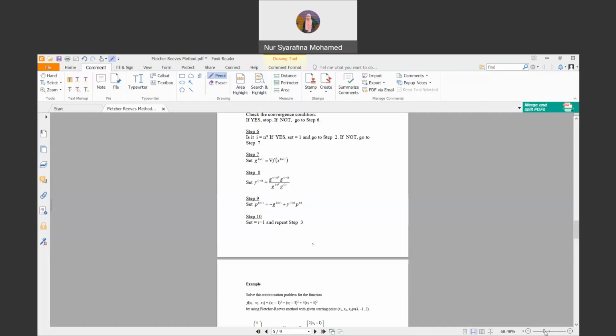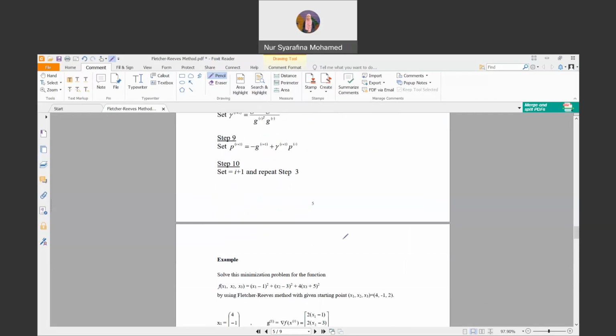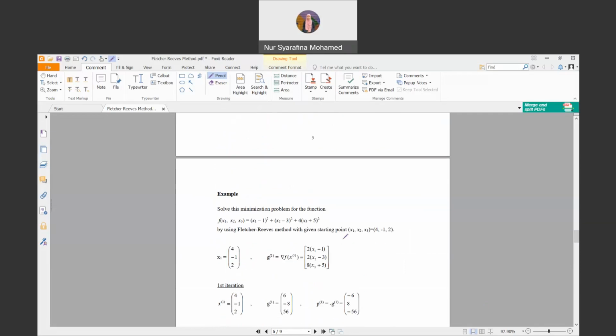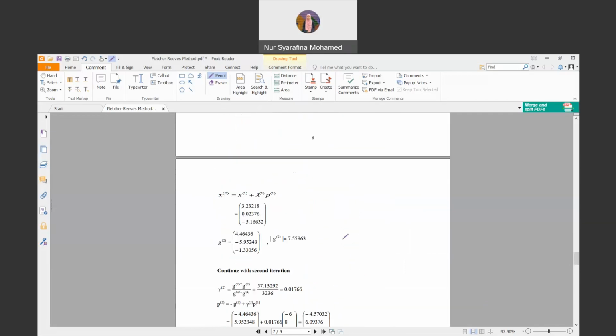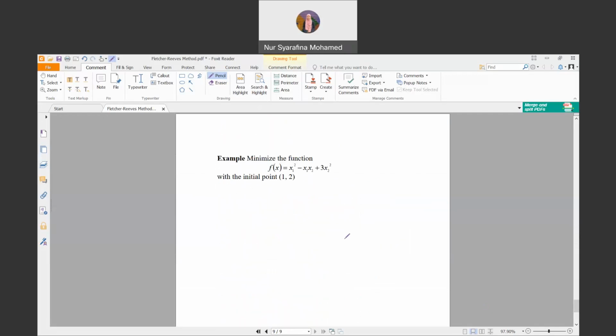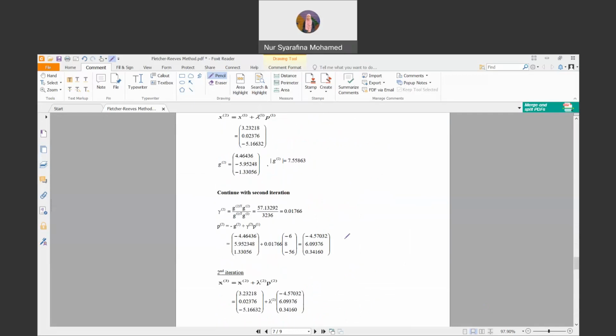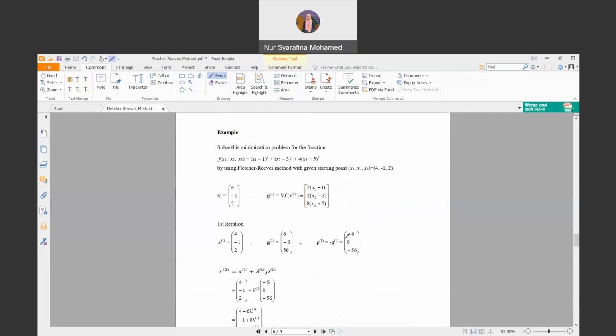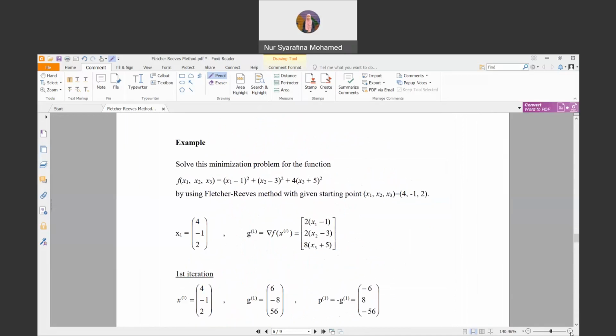Okay, so in the notes, I have shared with you the process up to 3 variables, but still the same process. Okay, you can try the example here. Let's go one by one through this example. So this one, we have a function of 3 variables, x1, x2, and x3.